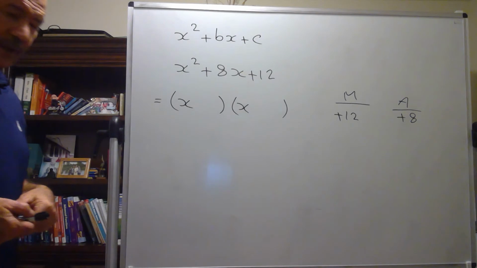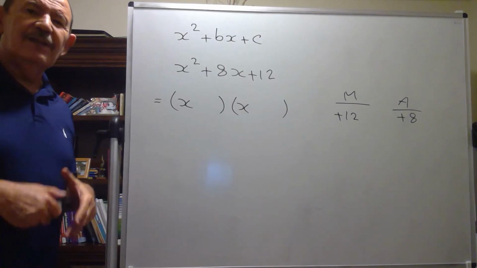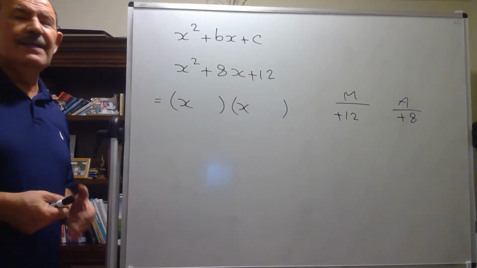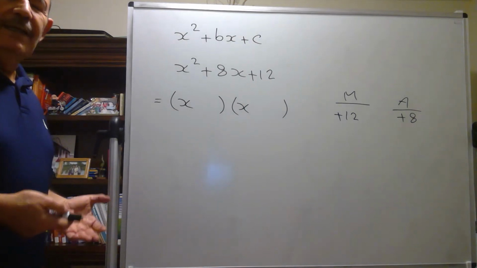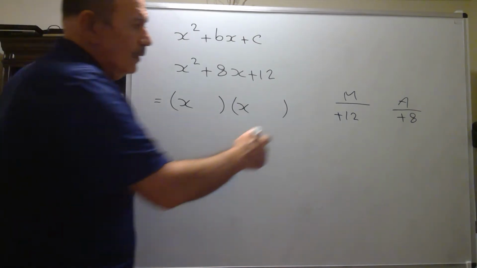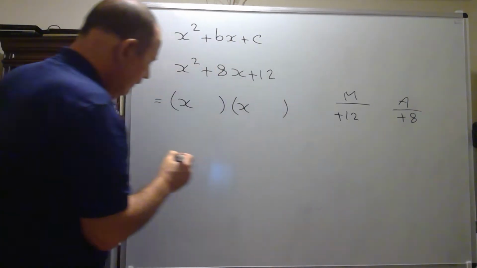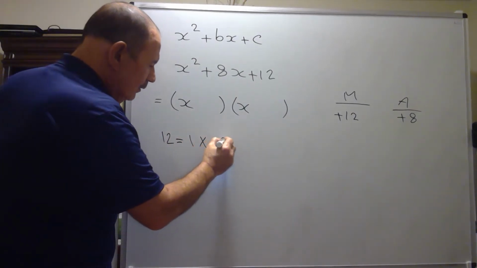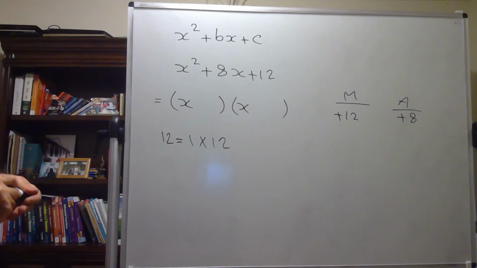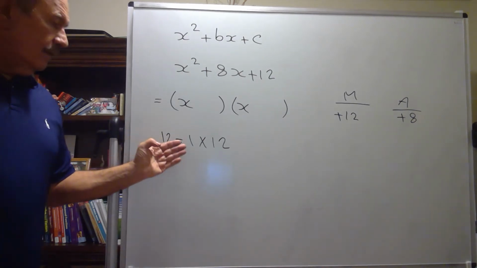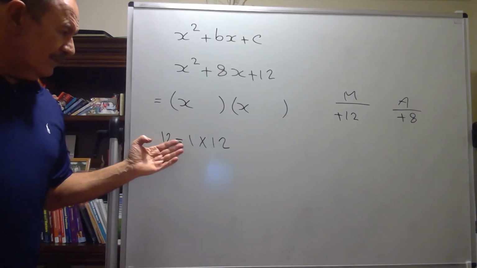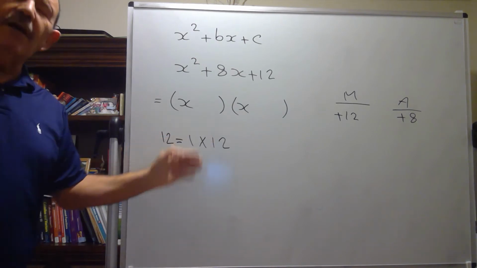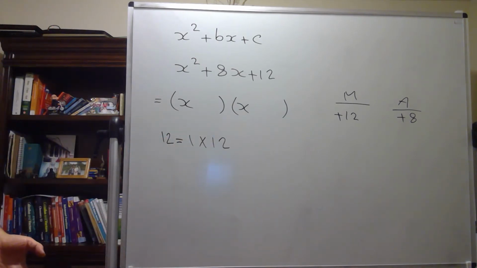I taught you in one of the videos how we can find all factors in an organized way so that we don't miss any of the factors. So if I want to find all factors of 12, 12 is equal to 1 multiplied by 12. Remember, when we are finding all factors, 1 and the number itself are always among the factors.